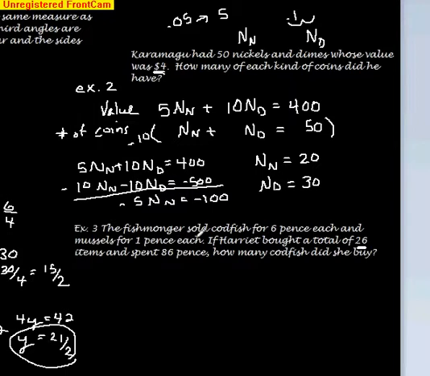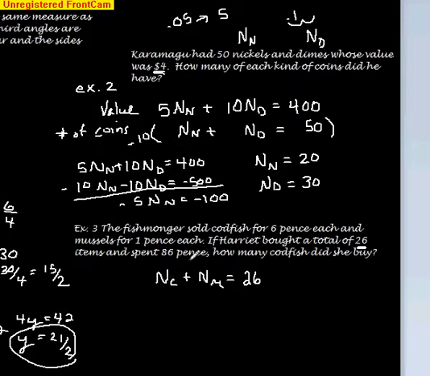So we had codfish for 6 pence and mussels for 1 pence. So the number of codfish plus the number of mussels equals, well, there's a total of 26 mussels and codfish. Now we're going to assign the value.